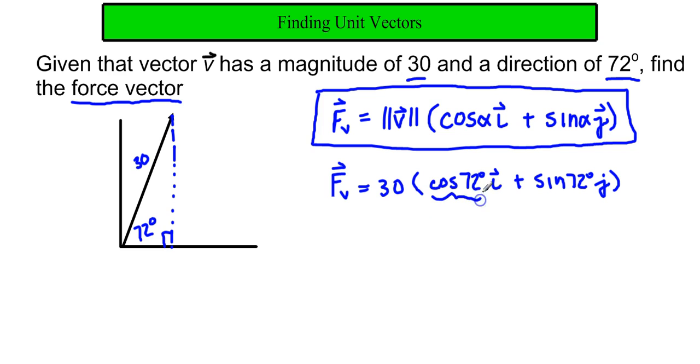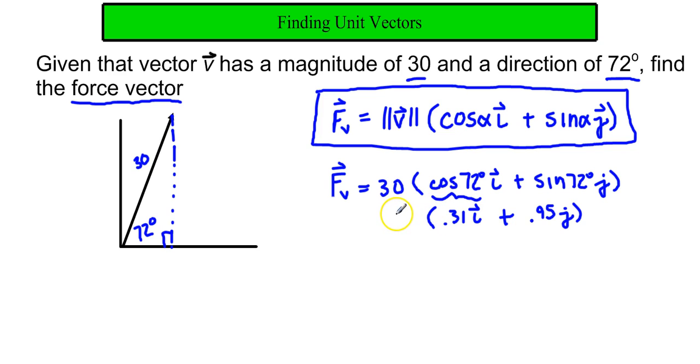The cosine of 72 is 0.309. I'm going to round that to 0.31. Plus the sine of 72, plug that into your calculator, and you get about 0.951. So that's 0.95 times j.